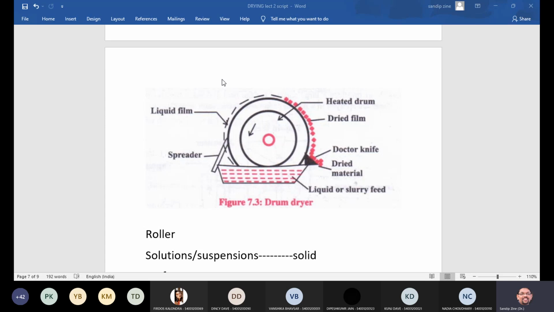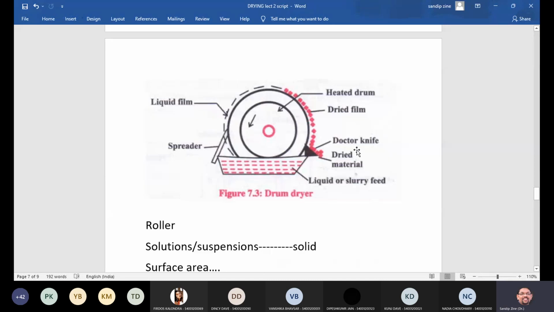So clear this particular part about the drum dryer as well. Again, just give a thought or have some exploration on these pointers. Principle should be clear to you, whether construction is clear, working, advantages, disadvantages, and pharmaceutical applications.